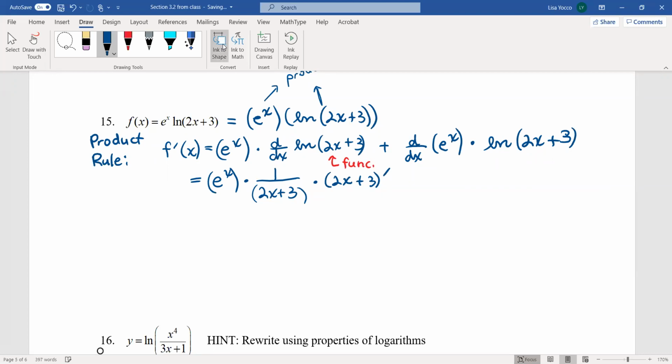Okay. All right. The derivative of e to the x, that's from the previous section, and it's also the simple case.